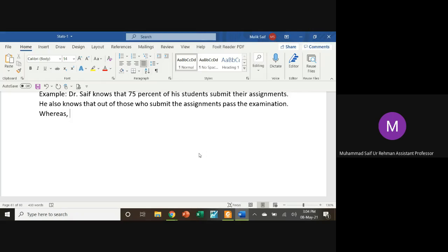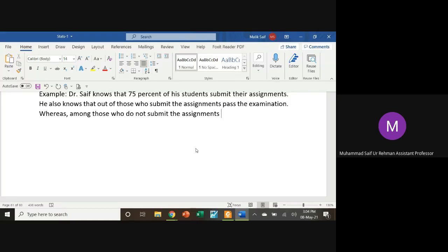Whereas among those who do not submit the assignments, definitely there are some students who are submitting the assignments, and there are some students who are not submitting the assignments.